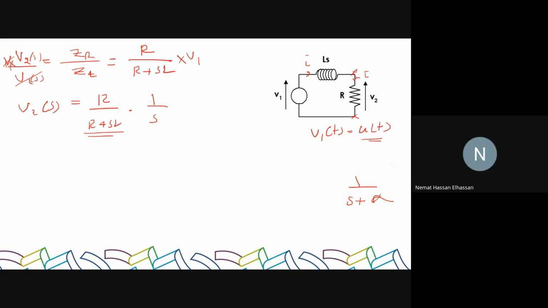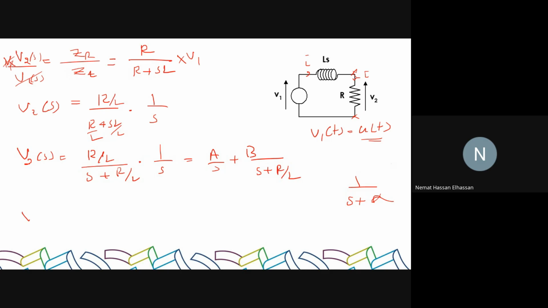So to do that, all I have to do is divide by L. Which means that V2 of S is equal to R over L divided by S plus R over L times 1 over S, right? Which is equal to A over S plus B over S plus R over L, right?